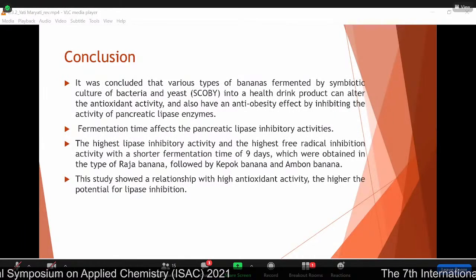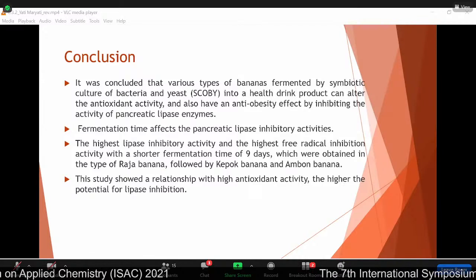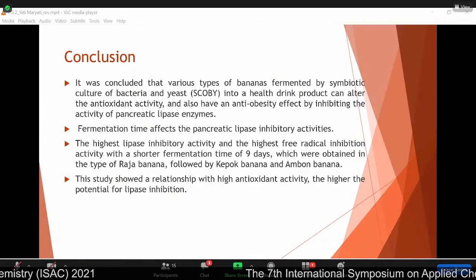The highest lipase inhibitory activity and the highest free radical inhibition, with a shorter fermentation time of 9 days, were obtained in the type of Raja banana, followed by Kepok banana and Ambon banana. The study saw a relationship with high antioxidant activity: the higher the antioxidant activity, the higher the potential for lipase inhibition.